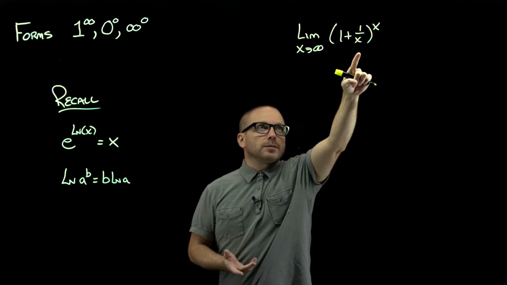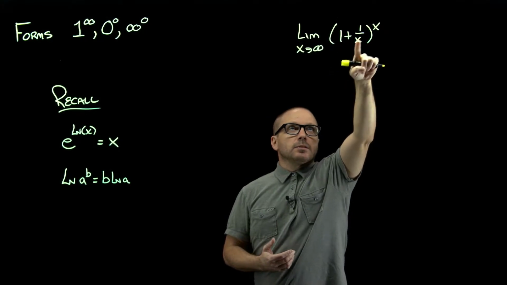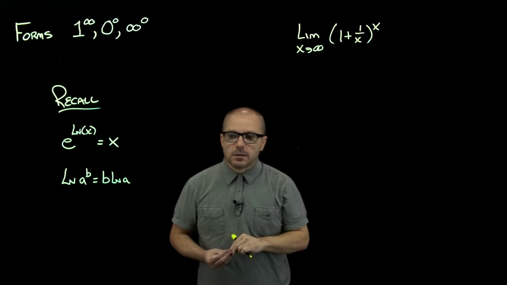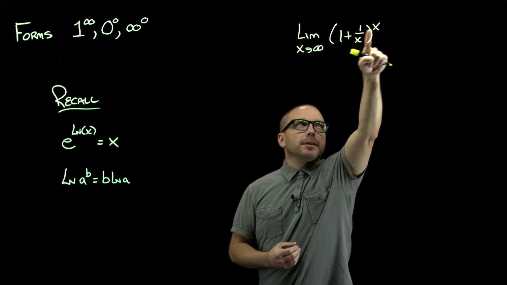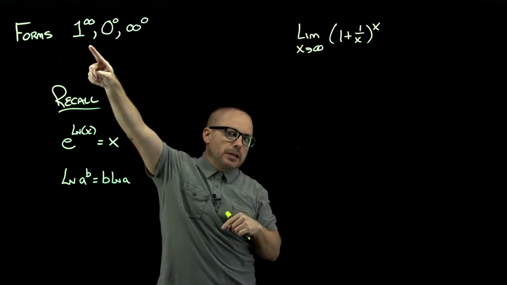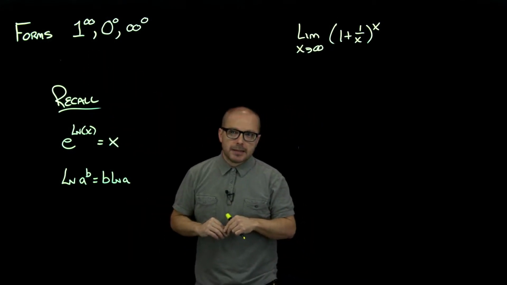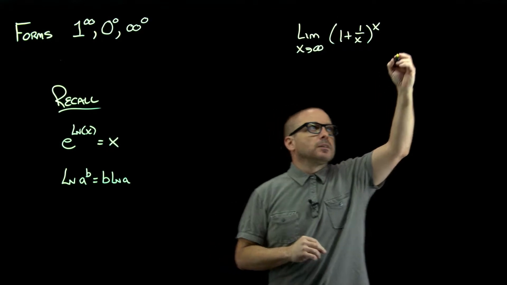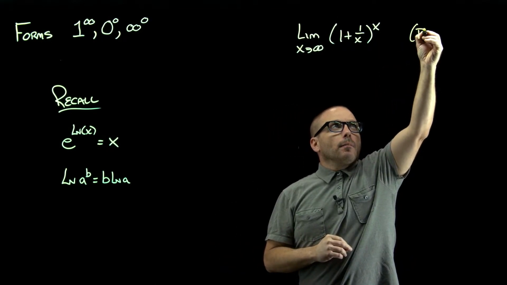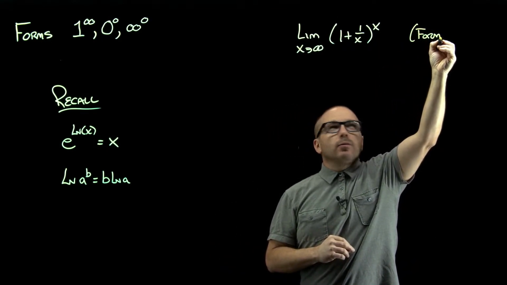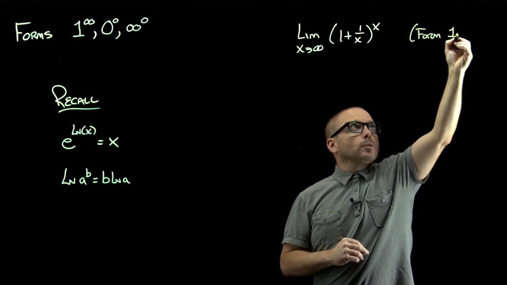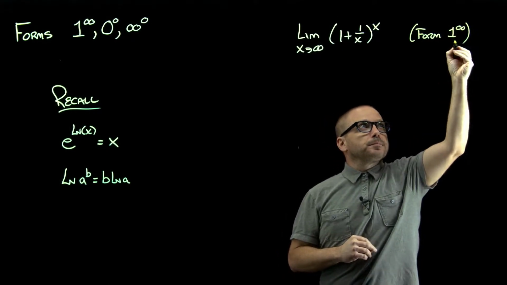So you have 1 plus 0, which is 1. So the whole base is headed to 1, but the exponent's headed to infinity. So we're looking at that first indeterminate case there. So I just want to remind us that we're dealing with the form of 1 to the infinity.